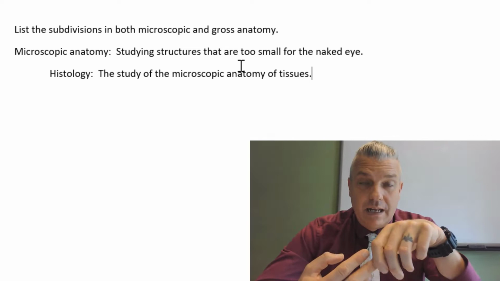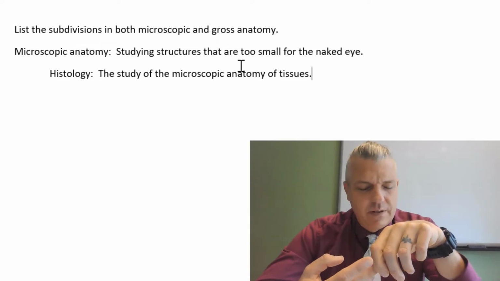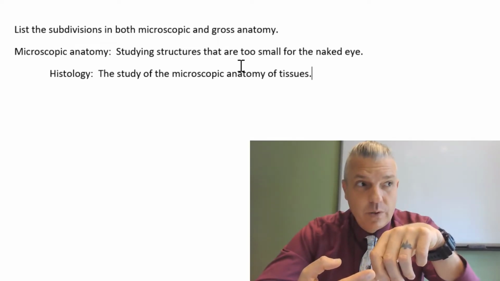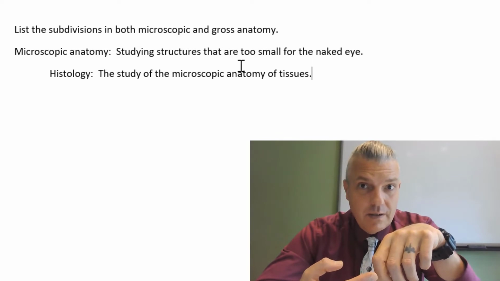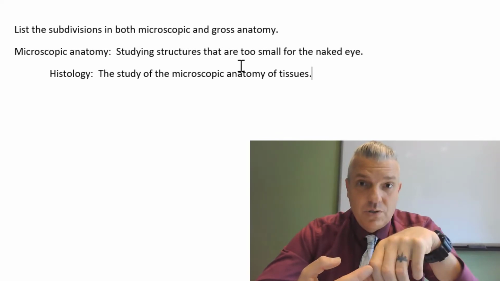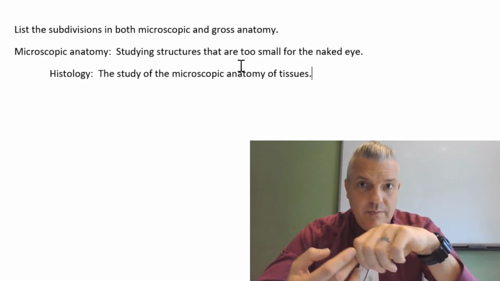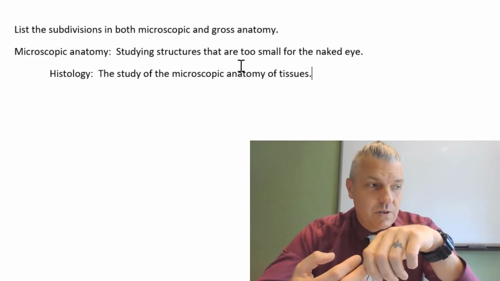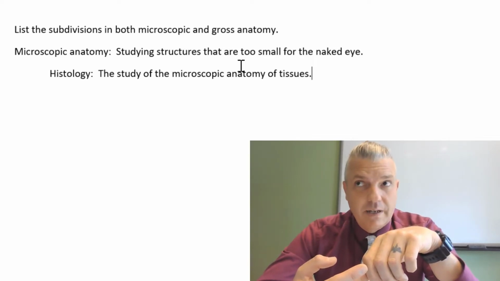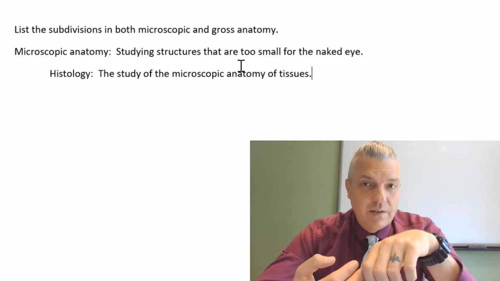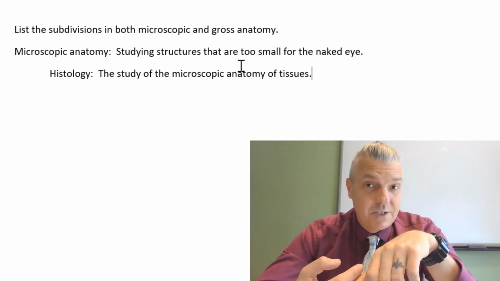Connective tissues, that includes a wide range of different tissues, from the only liquid tissue in the body, which is blood, all the way to bone tissue, which is the most brittle tissue in the body. Other connective tissues are cartilage, dense connective tissue, which comes in 2 varieties. Dense regular connective tissue makes up tendons and ligaments. And then dense irregular connective tissue, which we find in a lot of spots.